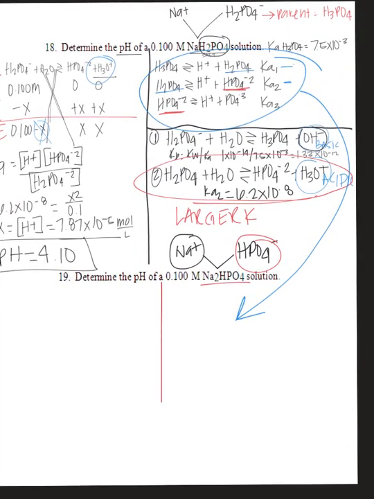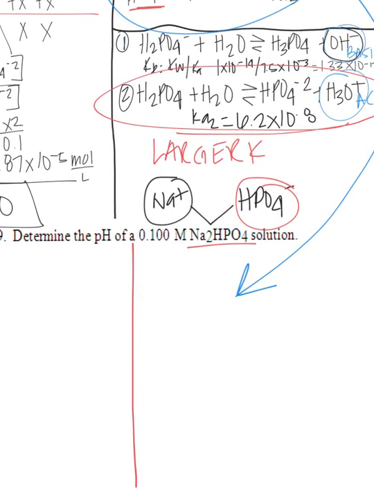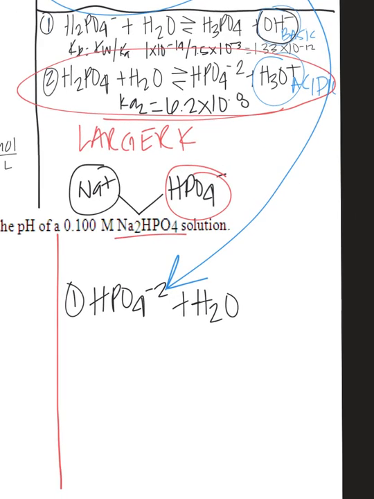When I go and write down my equations for HPO4, okay, I want HPO4 with the 2 minus charge as a reactant. So that first equation, it's not as a reactant. And again, we're writing all of these out to figure out if it's more likely to act as an acid or a base. So I'm going to go ahead and write this. Got HPO4 2 minus, so we're treating it just like we would for salts because it is a salt.